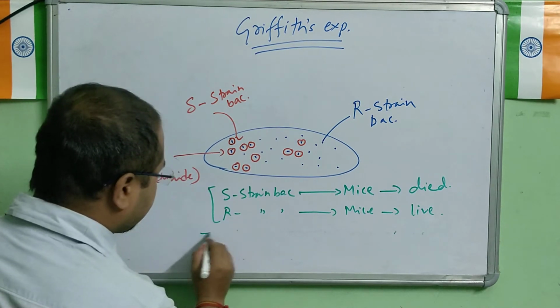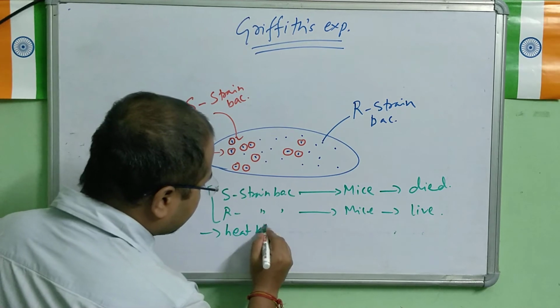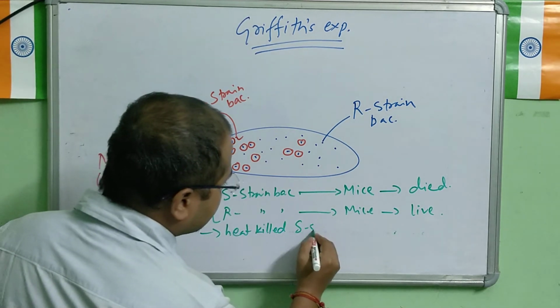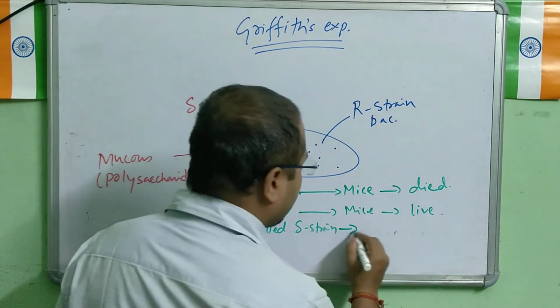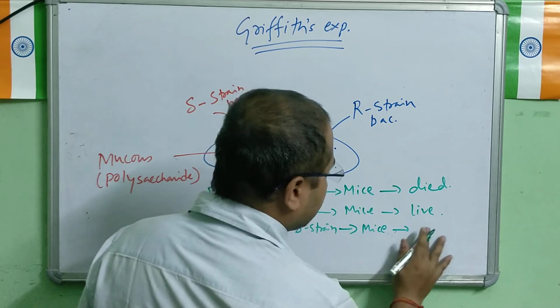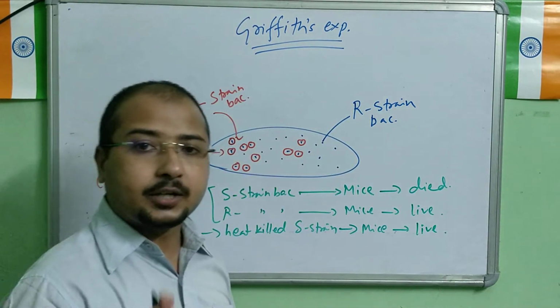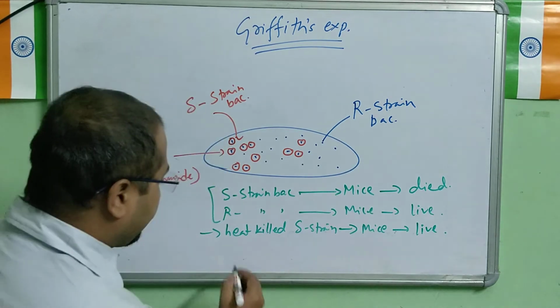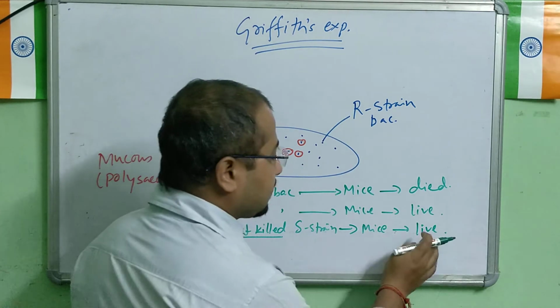Second step: this heat killed S strain bacteria he injected in the mice, and in this case he found that the mice did not die. When heat killed S strain bacteria were injected, the mice were alive.